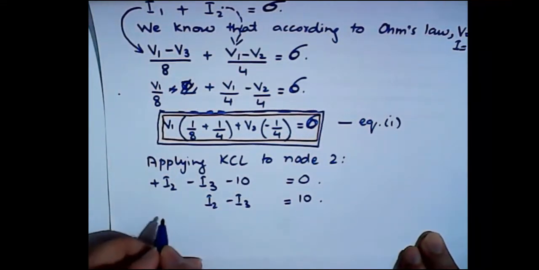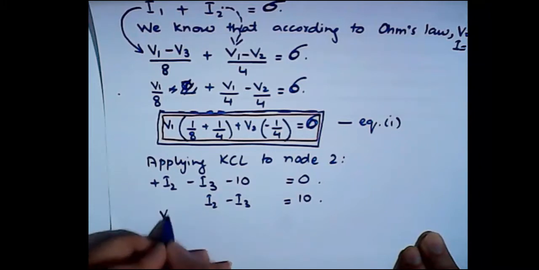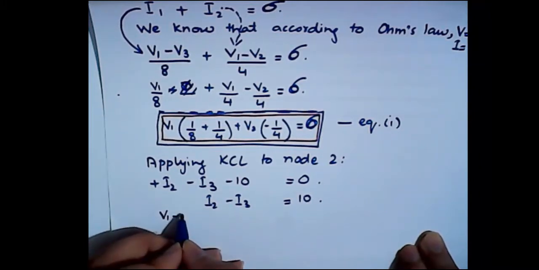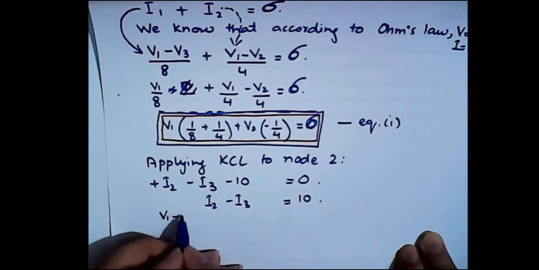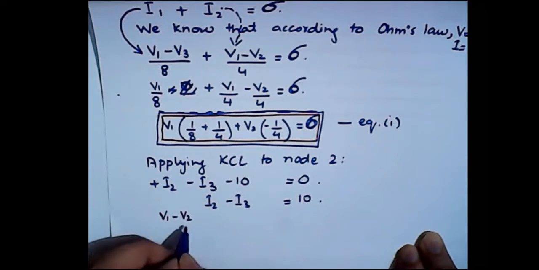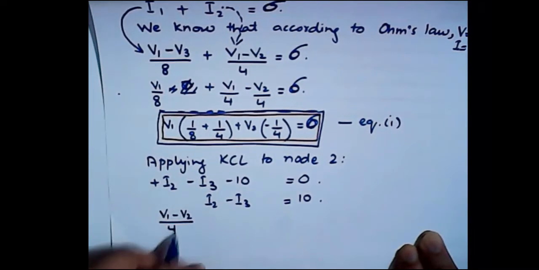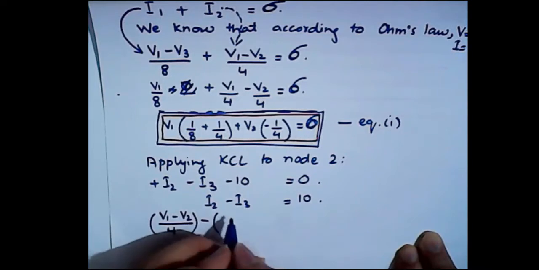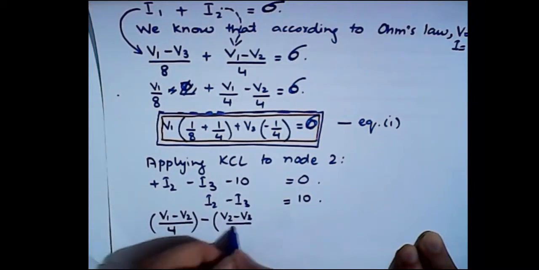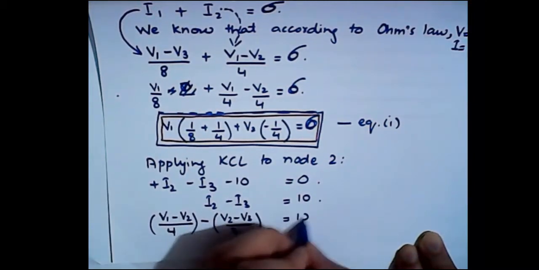So that makes I2 is equal to V1 minus V2 divided by 4, minus I3, which is V2 minus V3 divided by 2, is equal to 10, right?